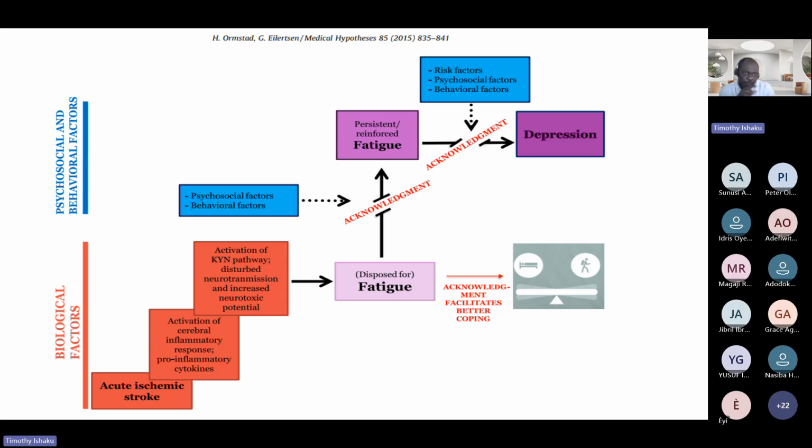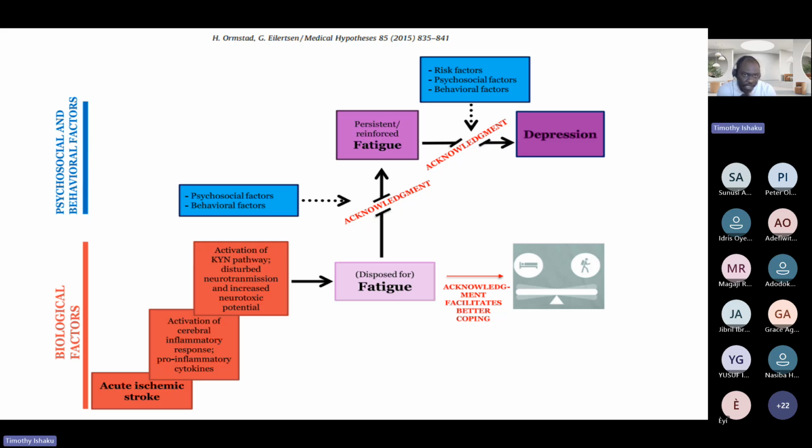Now, these blue factors will influence whether the fatigue becomes persistent, or reinforced. The factors contribute to the feedback mechanism.